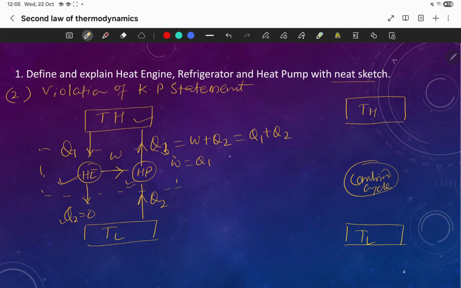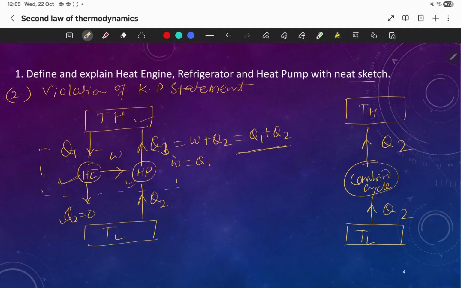This combined cycle is taking Q2 heat from TL, and it is rejecting Q1 plus Q2 to TH, while gaining Q1. So the net heat will be what? Q2.